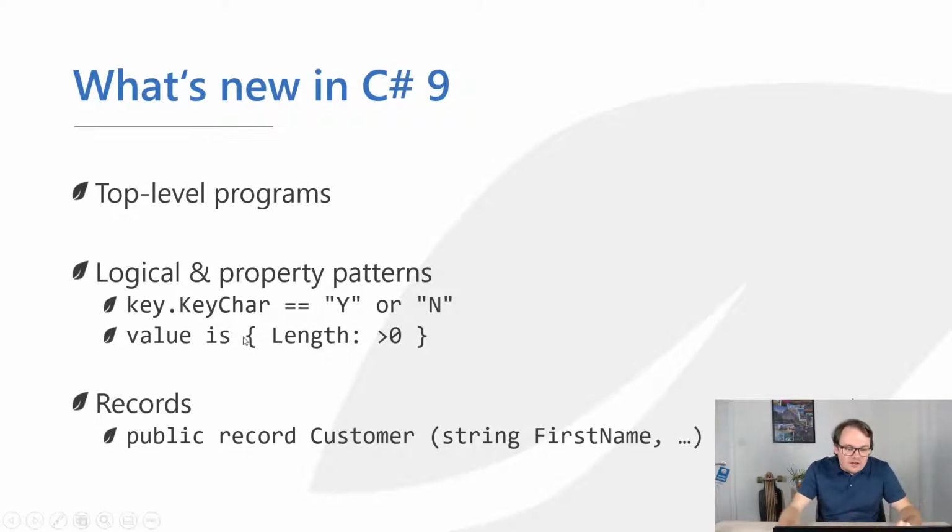Because if it's null, it won't match this object pattern at all. And if it's an object, and of course we expect that this would be a string, so if the length is greater than 0, then it means that the string is not empty. So this is basically a replacement for string.IsNullOrEmpty.